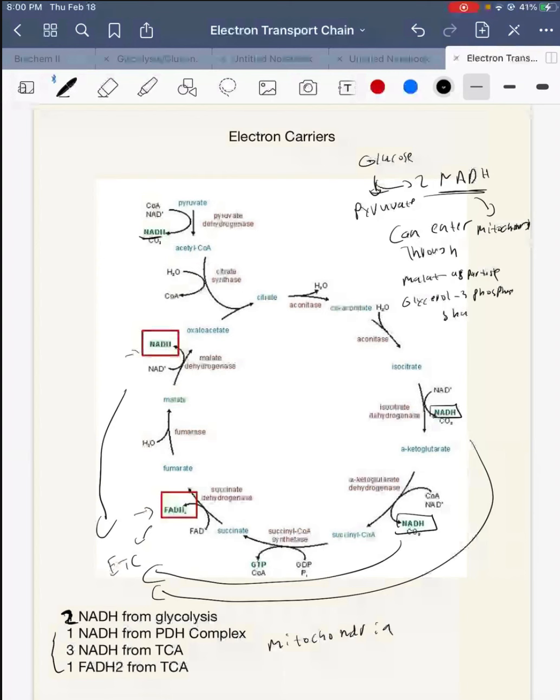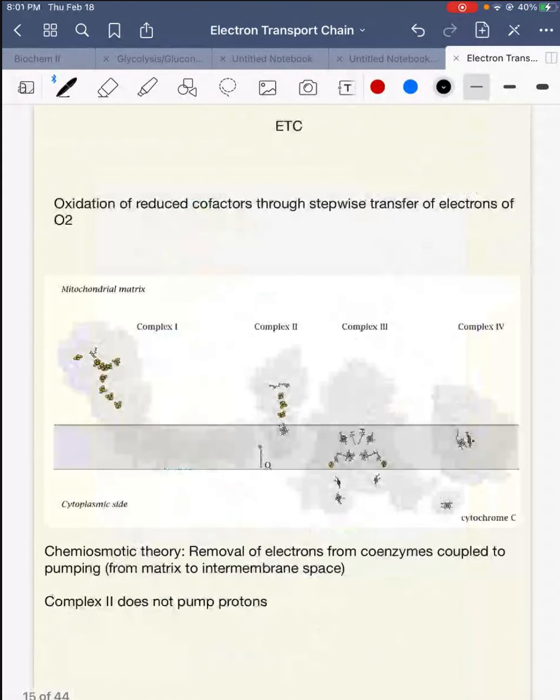So the NADH that we make from glycolysis can enter the electron transport chain through those two shuttles.